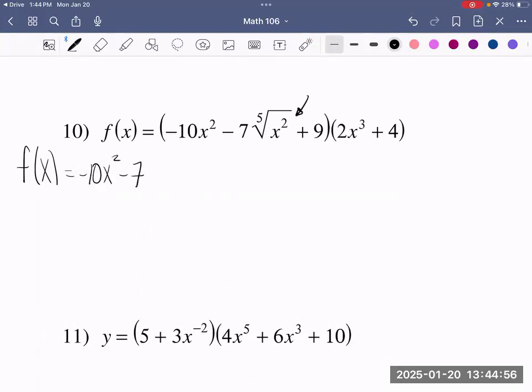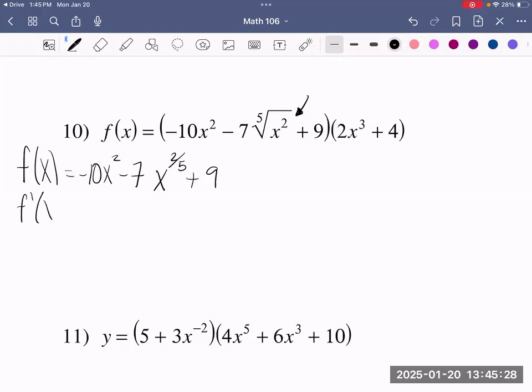Now, when I go to derive this, I might first write it in a different format. When you have a radical, we want to change it into a fractional exponent just to show your exponent more clearly. So in doing so, we're going to divide your power by 5, whatever is on the outside.